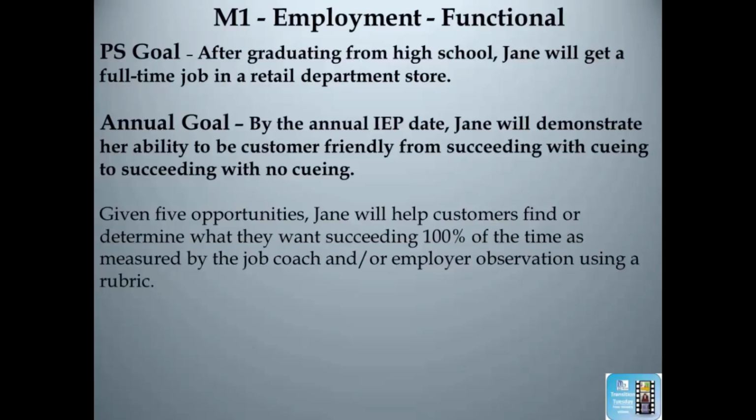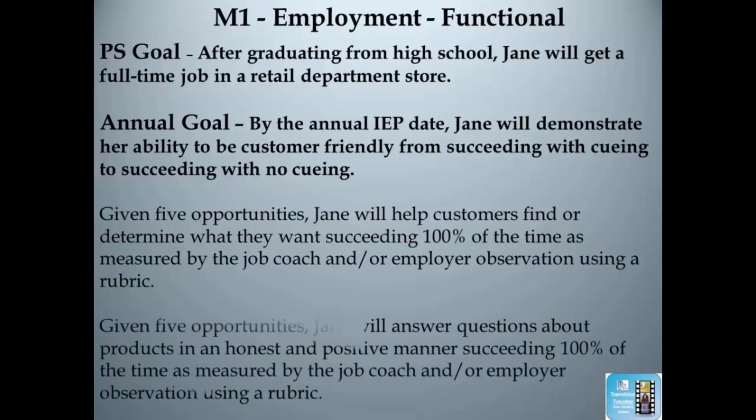The second one is, given 5 opportunities, Jane will answer questions about products in an honest and positive manner, succeeding 100% of the time as measured by the job coach and/or employer observation using a rubric.